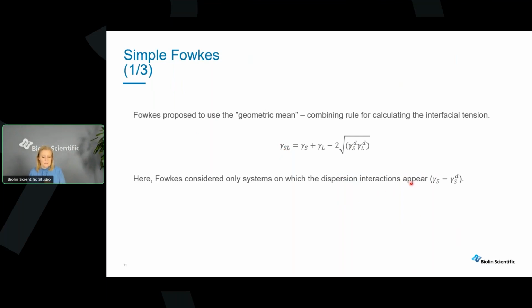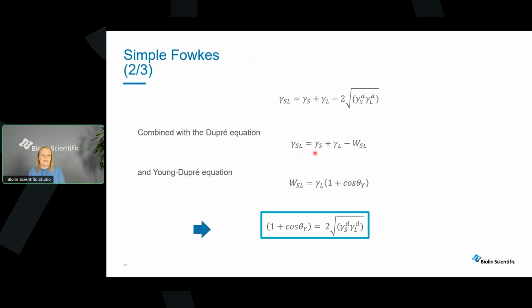And here, if we assume that the total surface free energy is equal to the dispersive part, then we can also replace this term with the dispersive part. And in the next slide, I have combined this with the Dupré equation, and this leads to this type of an equation where we have the dispersive part of the solid, the dispersive part of the liquid, and the contact angle between solid and liquid.